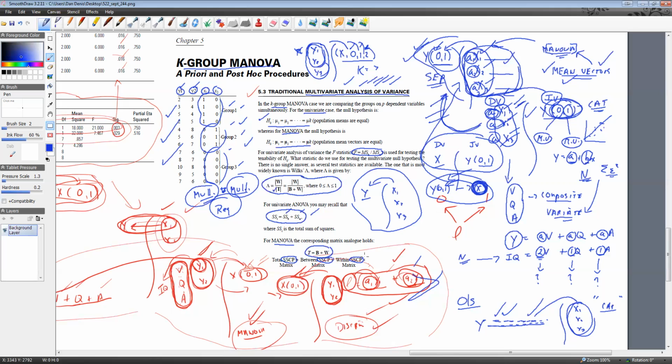And the sums of squares and cross products matrices is what we looked at last time with Hotelling's t-squared. So you've got the total SSCP matrix partitioned into between plus within.